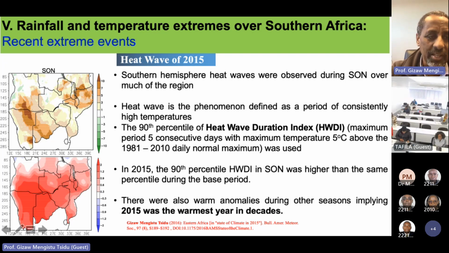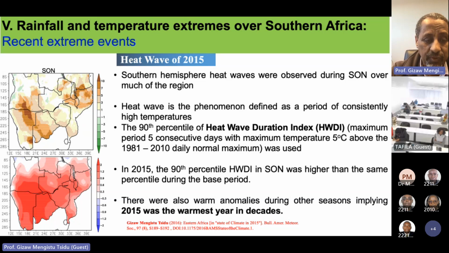Otherwise, I'm talking about extreme events. So an extreme heat wave refers to the temperature around 2 to 3 p.m. in the afternoon. So this shows days where the maximum temperature exceeds the mean maximum normal temperature by 5 degrees.